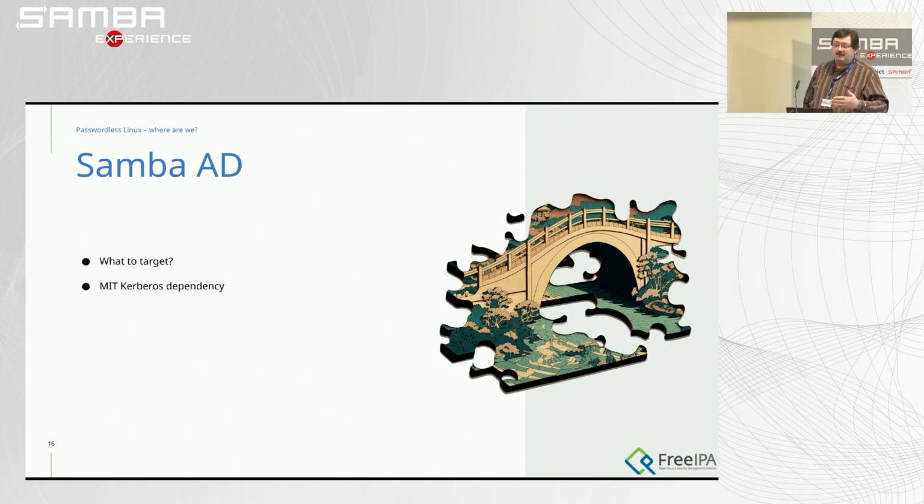You wouldn't get a Kerberos ticket. And the reason, obviously, is that Active Directory does not support Kerberos pre-authentication using this method. However, Samba AD with MIT Kerberos would be able to support this. Now the question is, what is the client we target here? Windows does not have this mechanism, so it would be useless to attempt to log in into Windows with this mechanism.